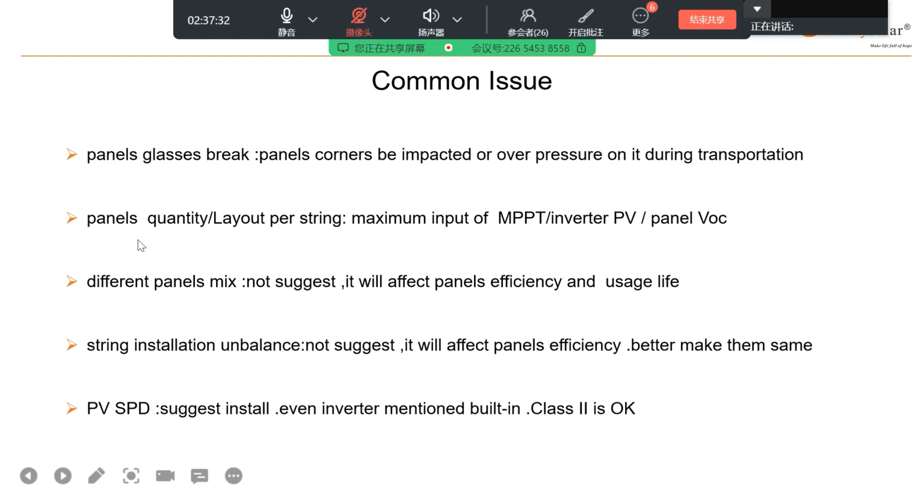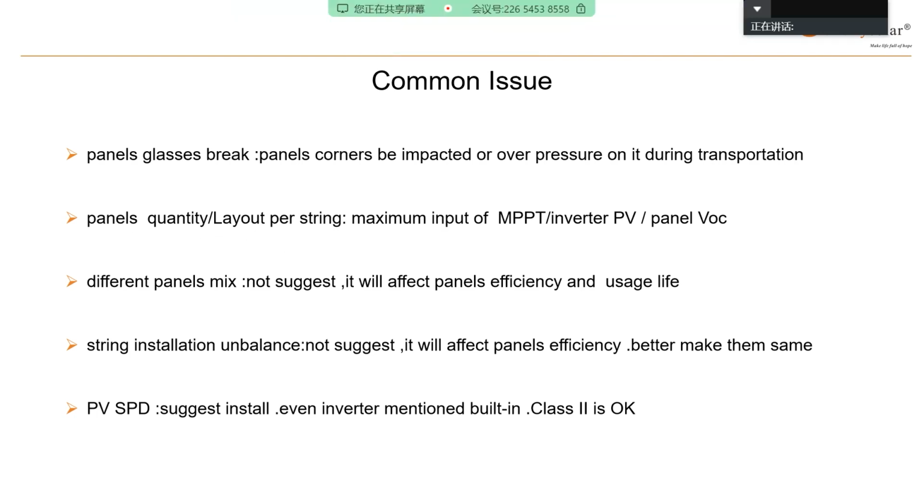Second is panels quantity or layout per string. This question is related to the previous installation. Maximum input of the MPPT or inverter PV, divided by the panel's VOC.